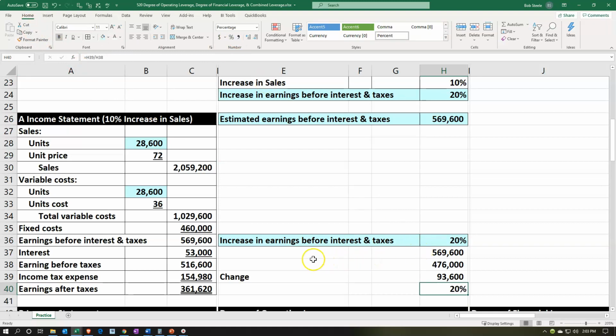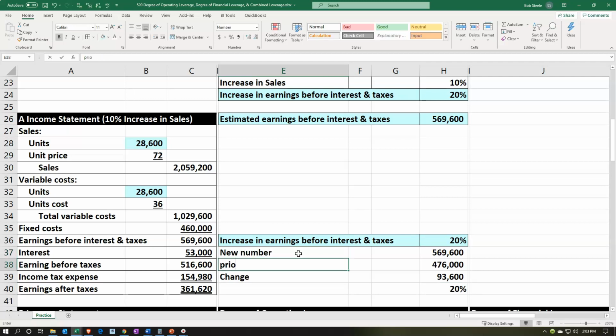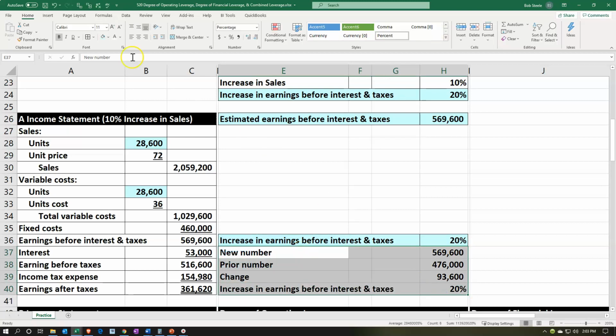And there's our 20%. So this is the new number, prior number, change, and then this is the increase. Just another way we can see that calculated, just to make that clear.